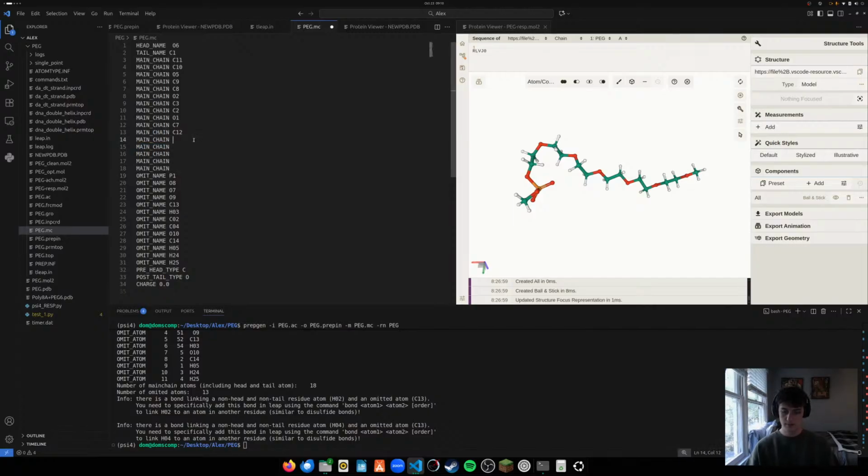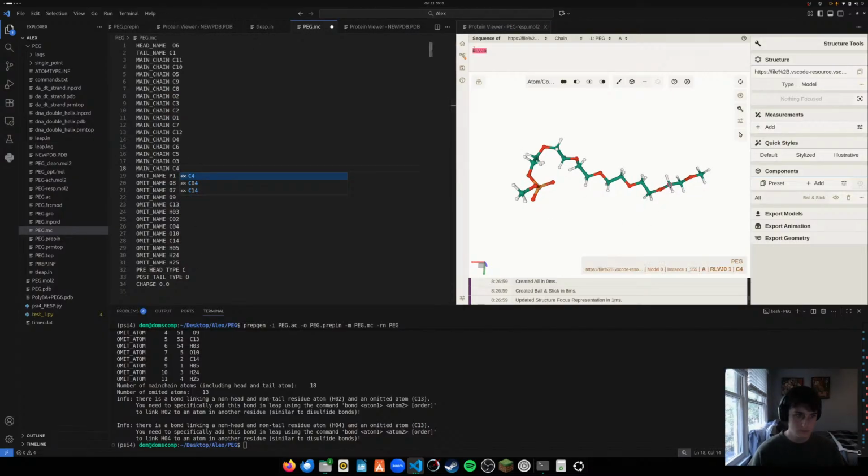There really isn't good instructions for how to create a main chain file. C6, C5, O3, C4, and C1 is the tail.